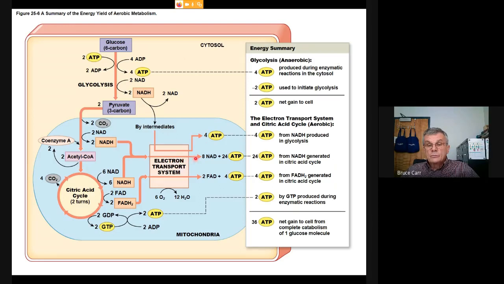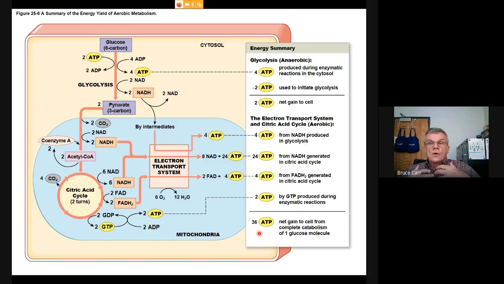That yields, at 3 per NADH, that's 24, and at 2 per FADH2, that's 4 more. And so you'll notice over here is our source and number generating 36 ATP.